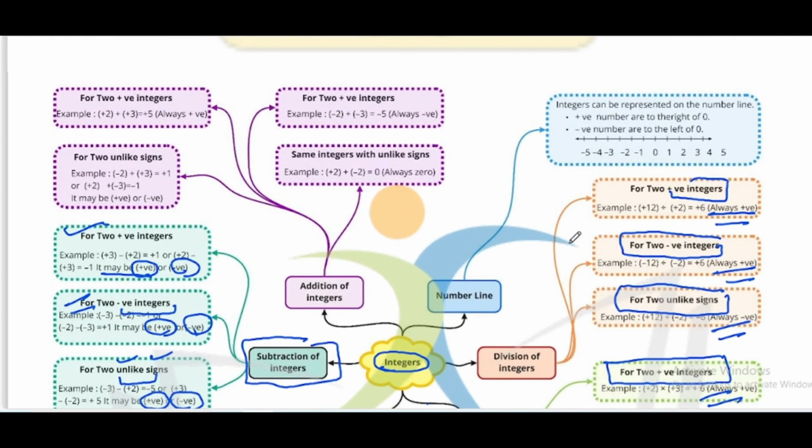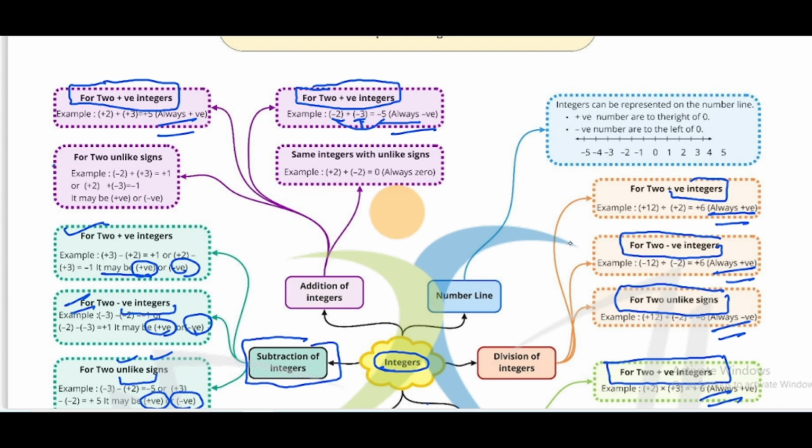Same as addition of integers. For two positive integers, if we add them, then the result is always a positive integer. If we add two negative integers, then the result is the sum of the two negative integers, but the sign is always negative.